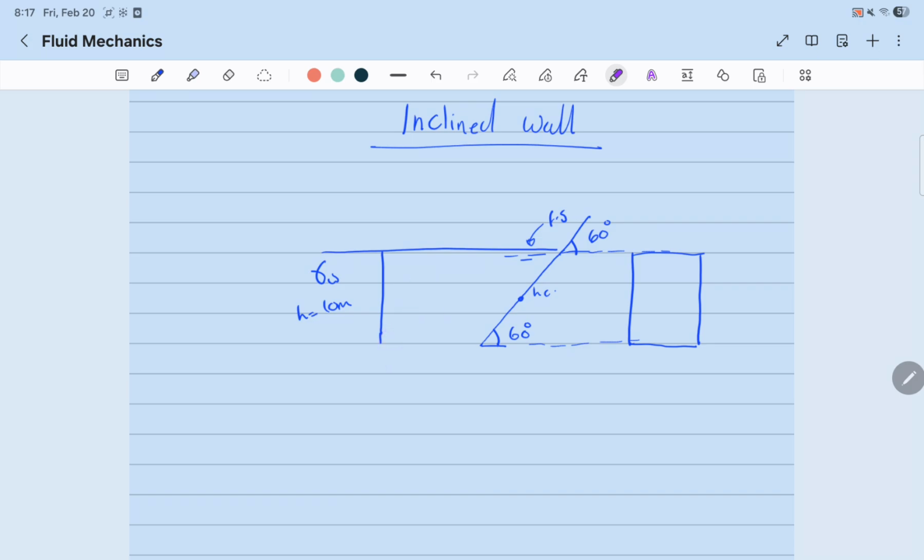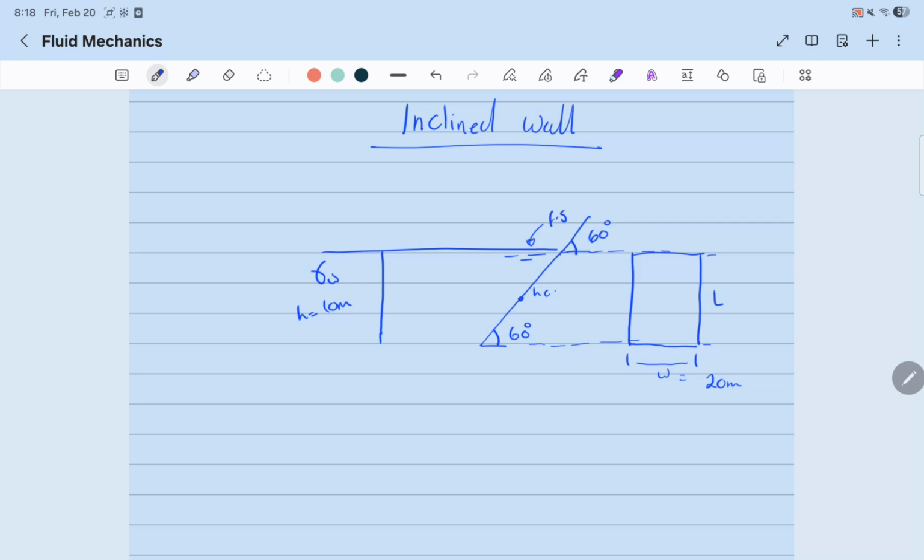Now we'll assume that we're given the width of the wall, which in most cases you are, and the length is usually equal to h, the depth of the fluid. But since it's inclined, L is bigger than h. Therefore, we need to find L, and we can't assume that L equals h anymore. We'll assume that the width of the wall is 20 meters, and we need to find L.